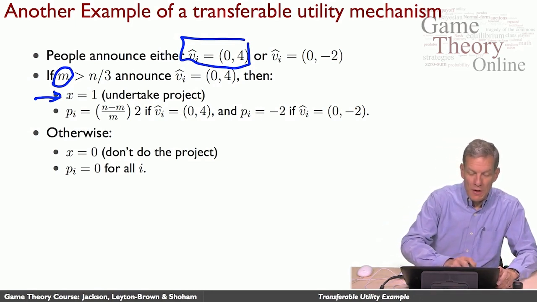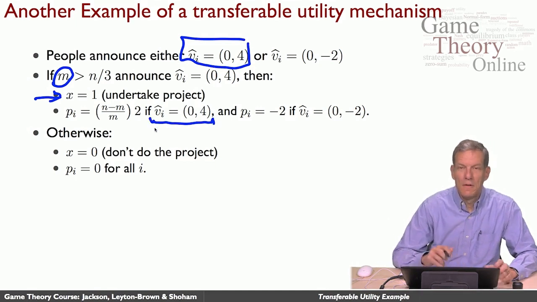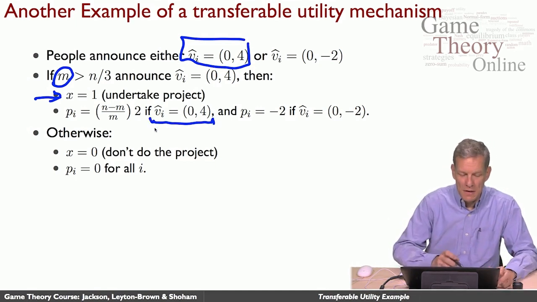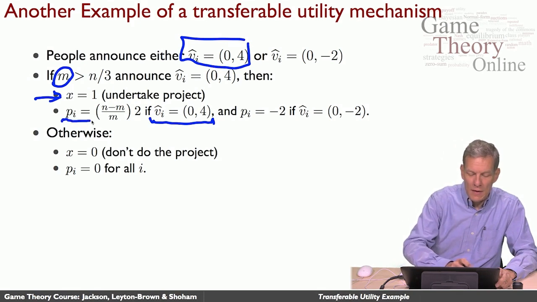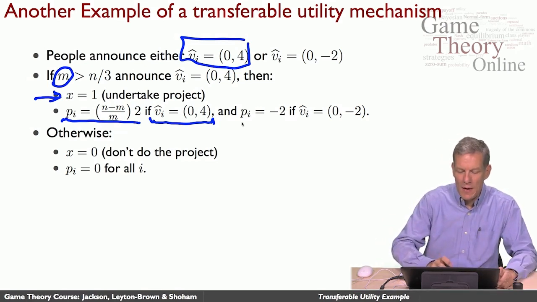The people who announce the positive, voting for the project, are going to have a payment to make, which is (n minus m) over m times 2. That's enough to cover the payments we make to the n minus m other people who are voting against the project.